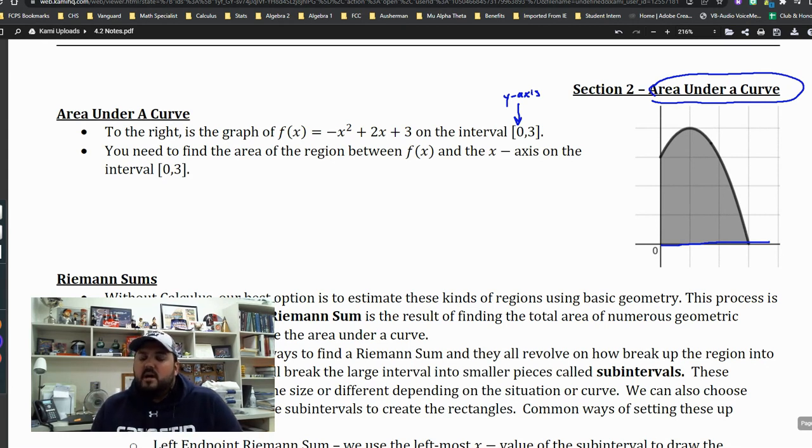Right now, that task is impossible without calculus. There's no way for us to find the exact area of that region without using calculus. But what we can do is come up with some pretty good estimates. If you thought about this and we really had to come up with a decent estimate, there are all kinds of different strategies we could use.